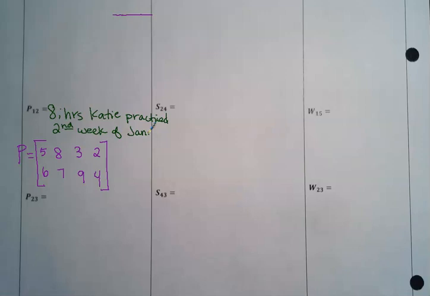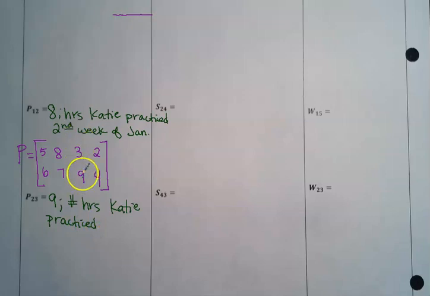Sweet. All right, let's look at the next element. What's the element P 2, 3? So in the second row, the third column. All right, good. That's a 9. And what does that represent? Good. It's the number of hours Katie practiced when?